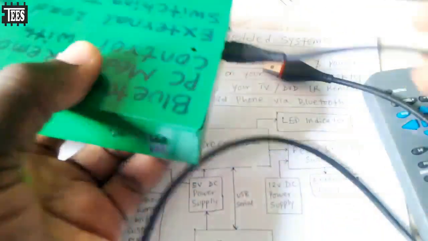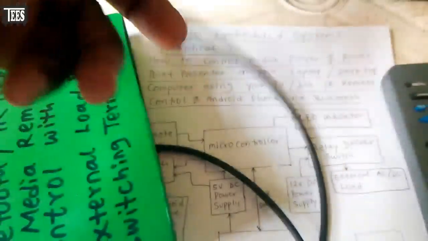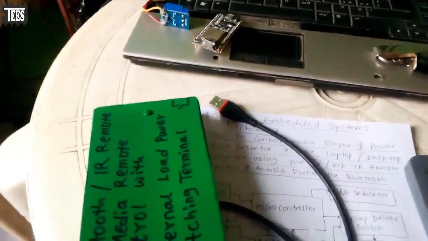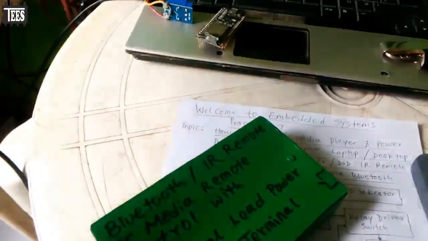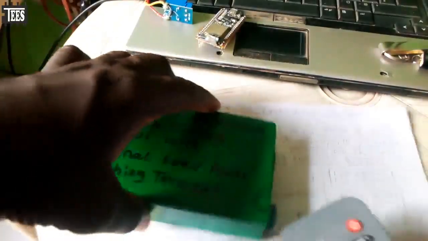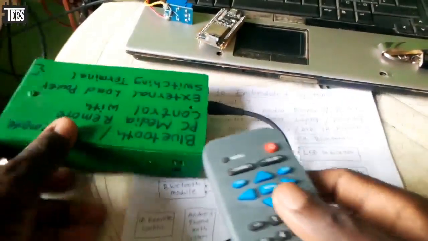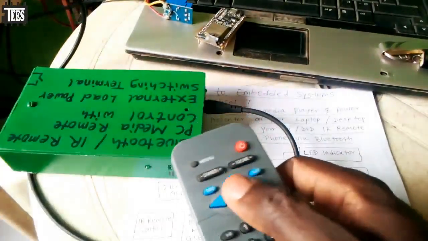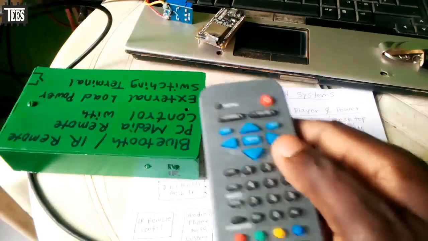This other end goes to your computer, which could be a desktop or a laptop. Here we have an infrared sensor. So with this I can control the media player and Microsoft PowerPoint presenter on my computer.